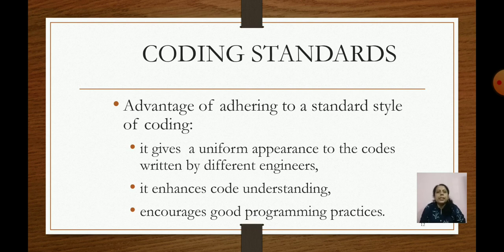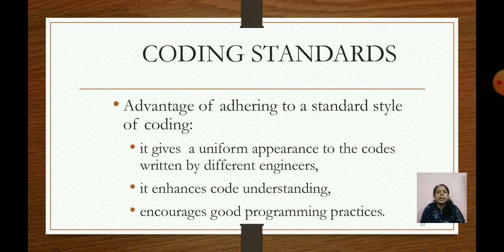The advantage of adhering to a standard style of coding is that it gives a uniform appearance to the code written by different engineers. In a programming team there are many engineers. They may write programs in different styles, but if they follow a coding standard, the programs will be in a uniform manner.